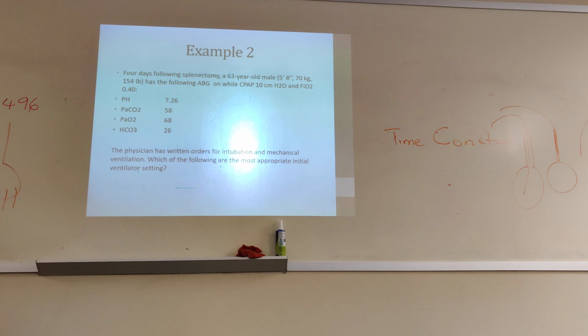Okay, so the normal range of the tidal volume is 396 to 528. I also know that the patient is on 40%, so whatever FiO2 I'm going to put them on will be 40%. I know that they're on CPAP of 10. That's PEEP of 10, so when I put them on the ventilator, I also have to give them PEEP of 10. So I know 3 things there, and whatever answer I'm going to pick must have those 3 things.